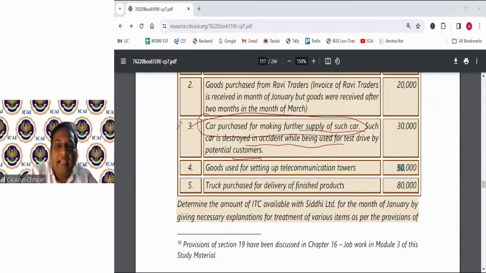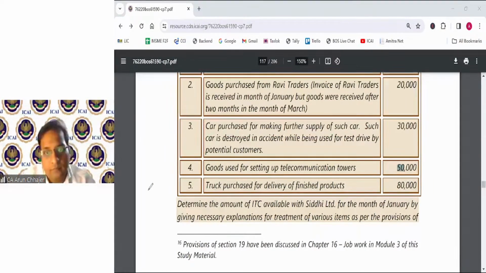Can we take the ITC if the car is purchased for further supply? The answer would be yes, I can take the ITC if the car is purchased for further supply.